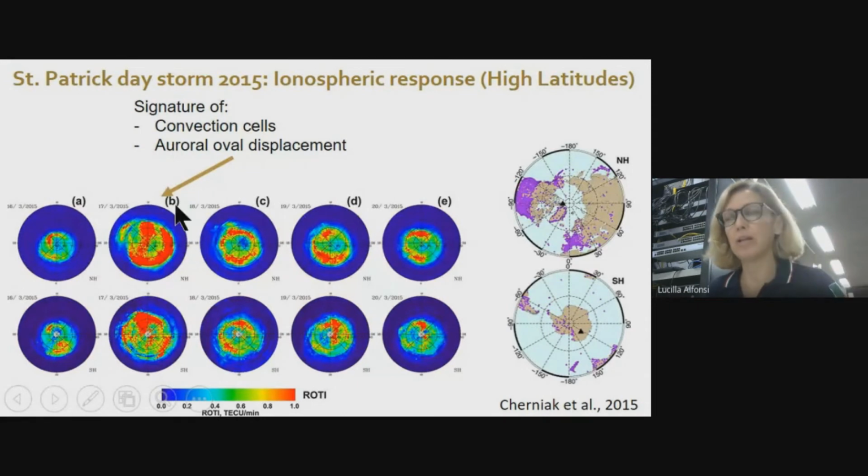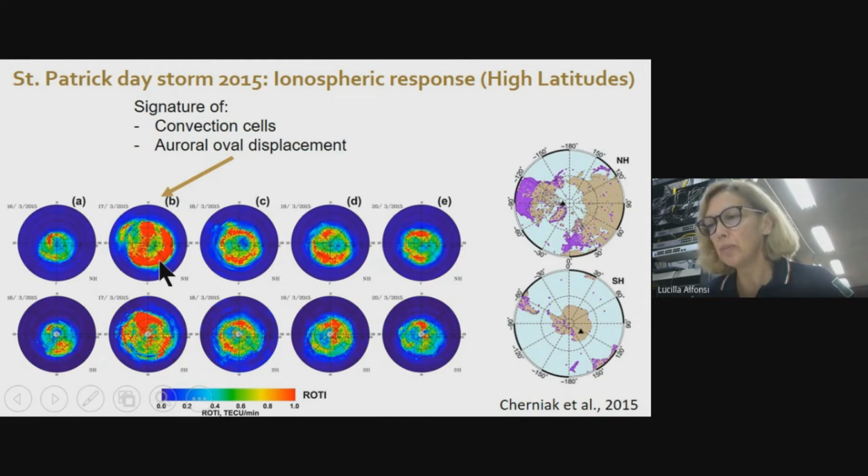In particular, I'll draw your attention to the 17th of March, in which you have a very big expansion of the auroral oval going towards middle latitude, and also the intensification of the rate of TEC index, so of the variation of the TEC.